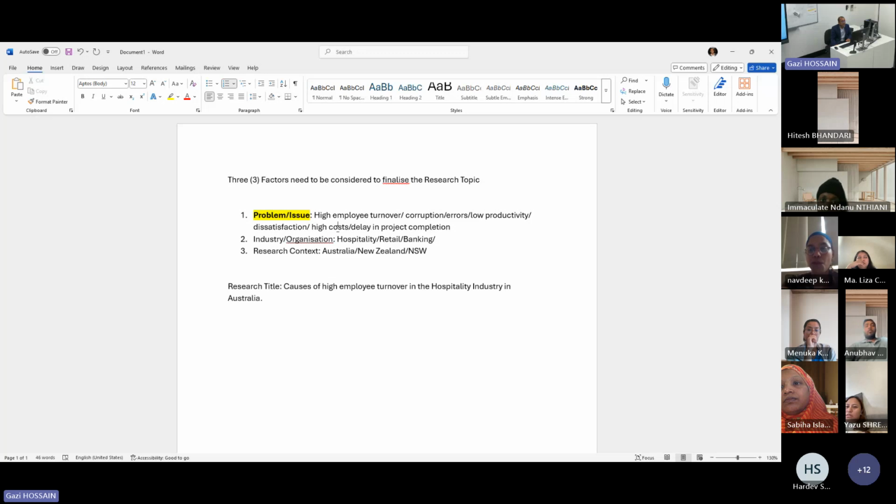For example, many of you have written about the impact of AI on business growth or profitability, something like that. It is the issue. What are the impact, the consequences, or the cause?